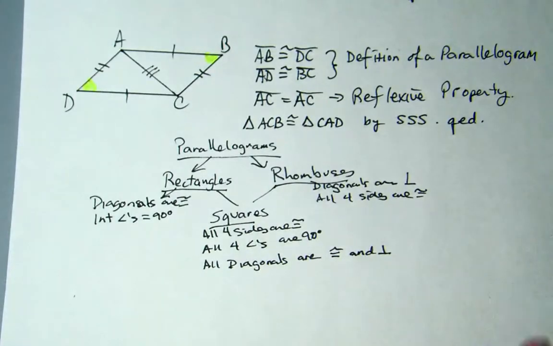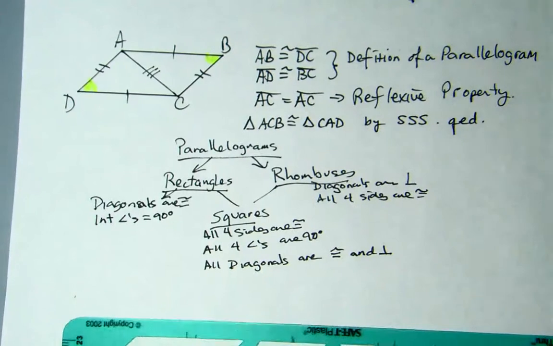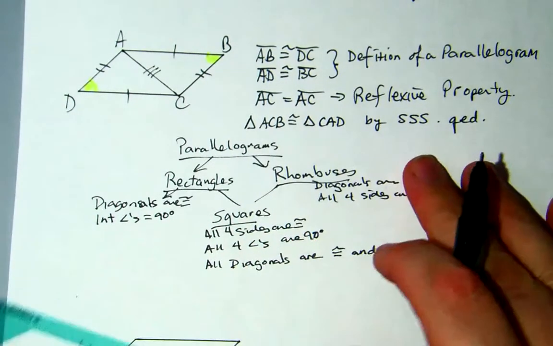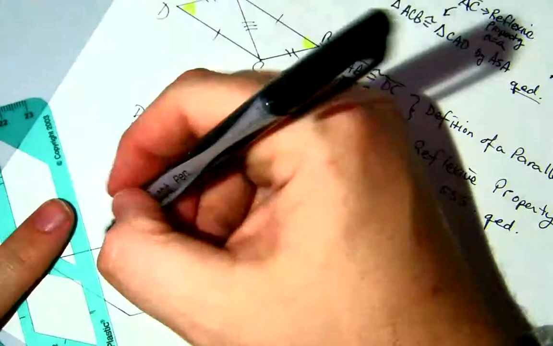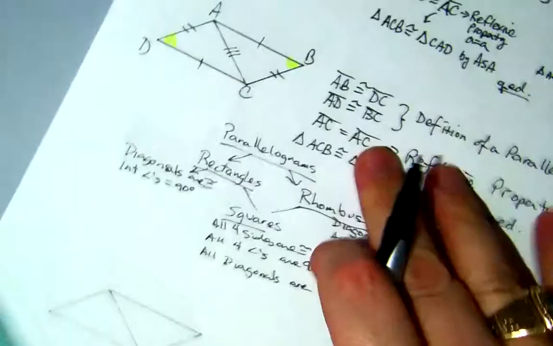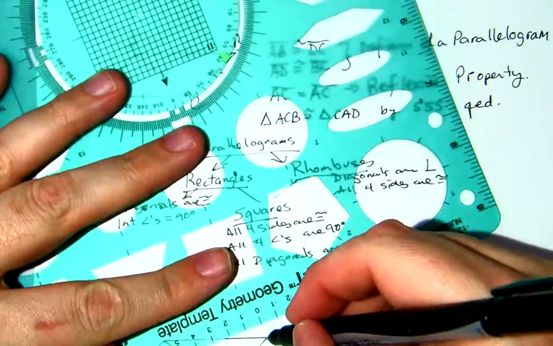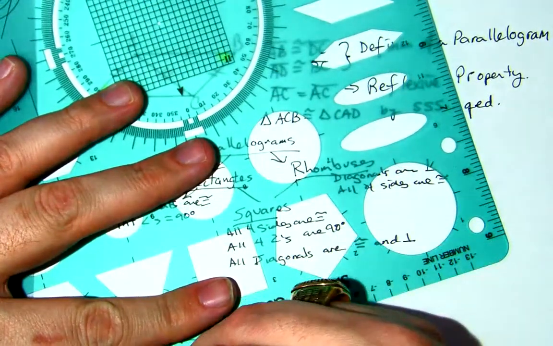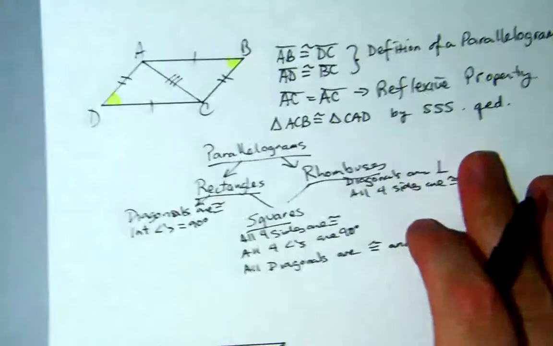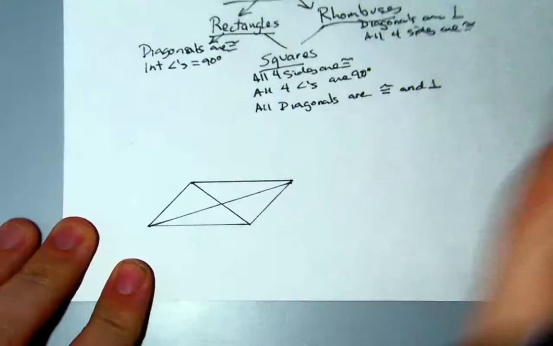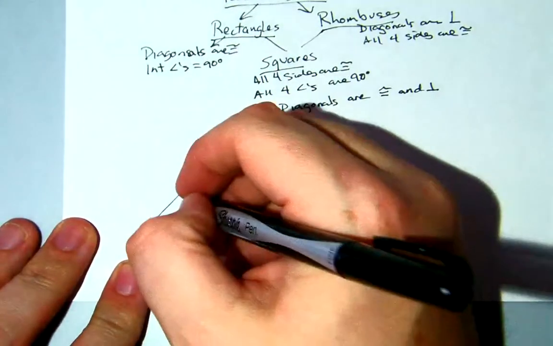and I won't put this up until we've done it in class. If you have a parallelogram that looks like this, and you throw both diagonals up here, and as an extension, try to figure this one out on your own, just using all your properties.